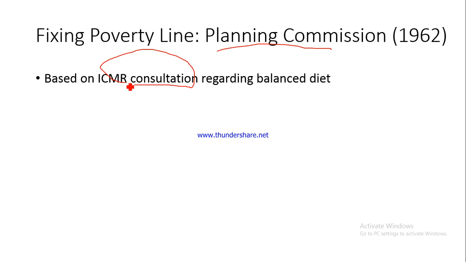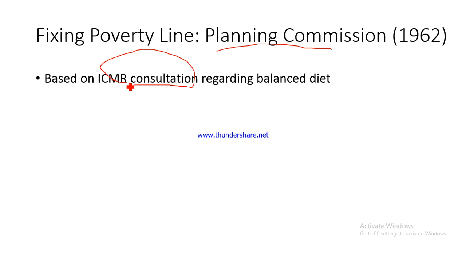Now you might be confused as to what is the connection between a balanced diet and the poverty line. So let me make you understand this particular aspect. From ICMR the Planning Commission got the idea as to what should be the balanced diet for an individual. And based on the current prices, they found out how much a person would need to arrange that particular balanced diet for himself.